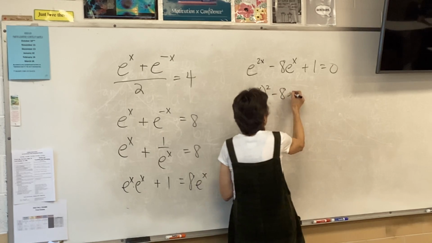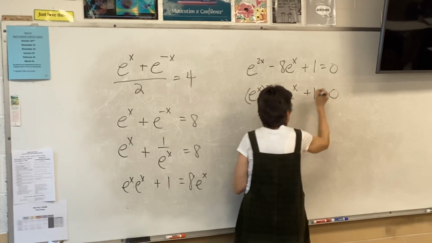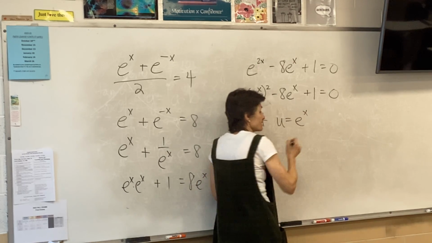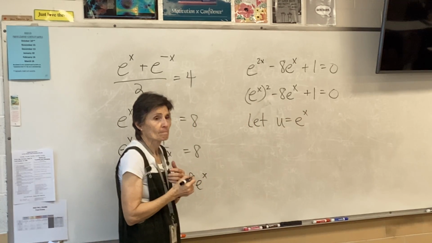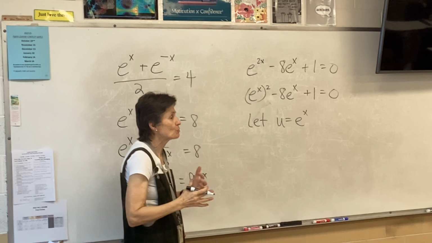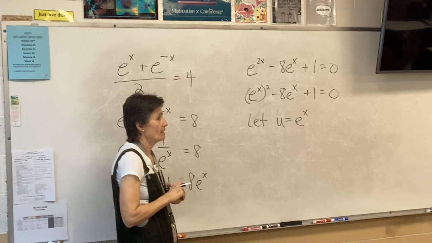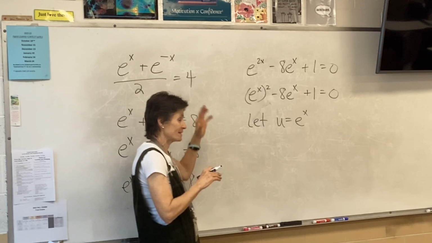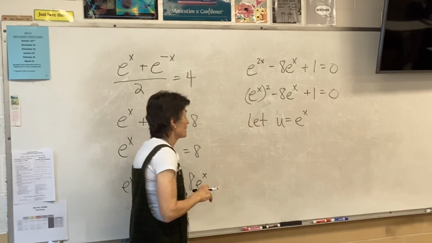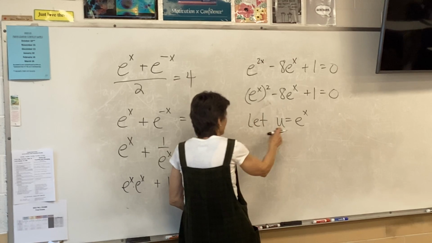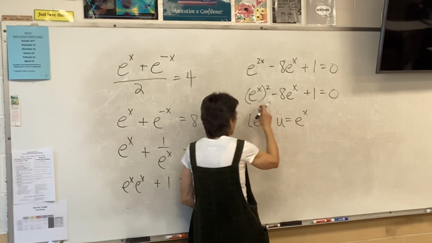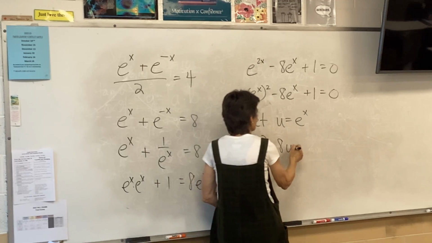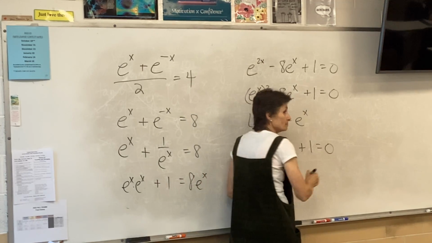And we're gonna do exactly what Katie said. We're gonna let u be e to the x. This u substitution thing is a huge part of our study of calculus. Not this particular problem, but this concept. So then, if u is e to the x, I've got u squared minus 8u plus 1.